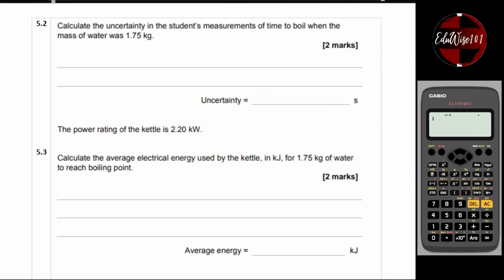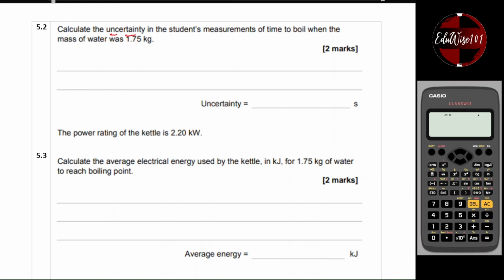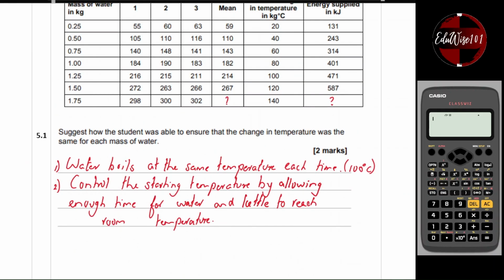5.2. Calculate the uncertainty in the student's measurement of time to boil when the mass of water was 1.75 kilogram. So most of you got this wrong, mainly because you didn't know how to calculate the uncertainty, right? But I think one person actually did get it right, which is actually good. How do you calculate the uncertainty? When you look at the figures for 1.75, you find the lowest and the highest numbers, which is 298 and 302.